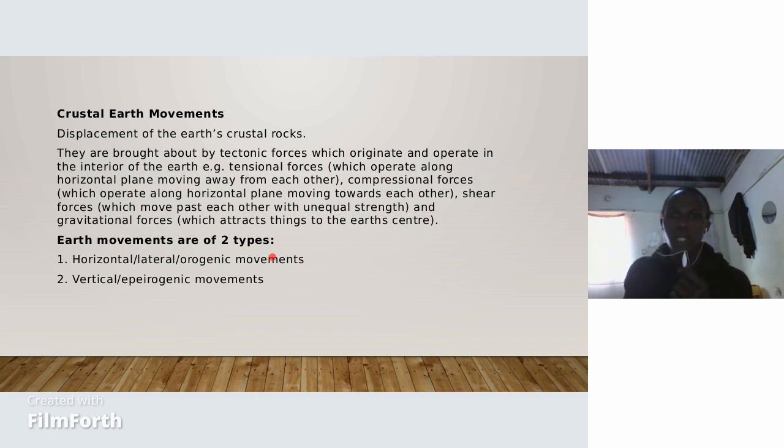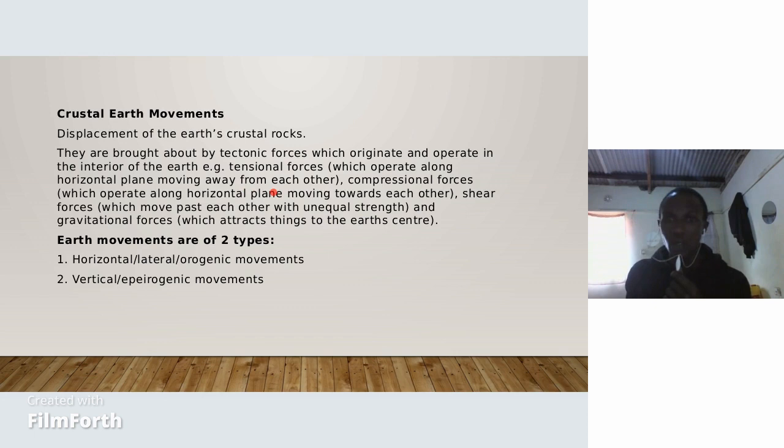Our first objective is to study about crustal earth movement. This is actually the displacement of the earth's crustal rocks, and they are brought about by tectonic forces which originate and operate in the interior of the earth. For example, tensional forces which operate along the horizontal plane moving away from each other.